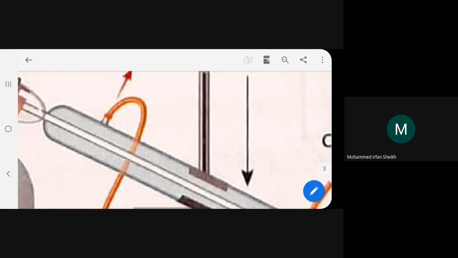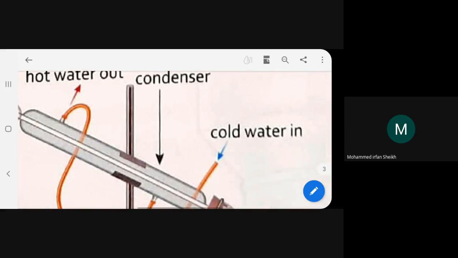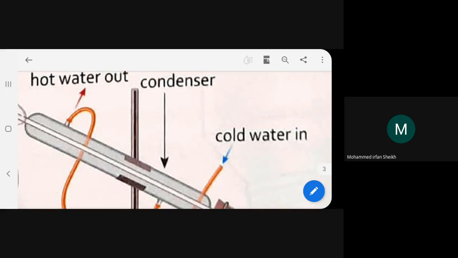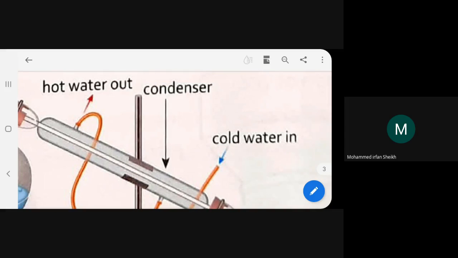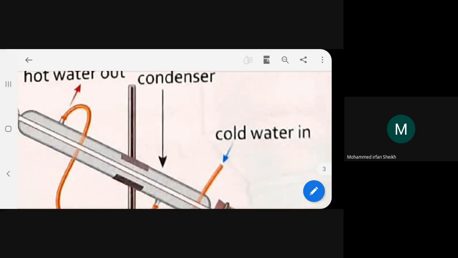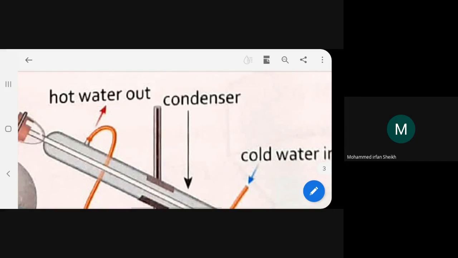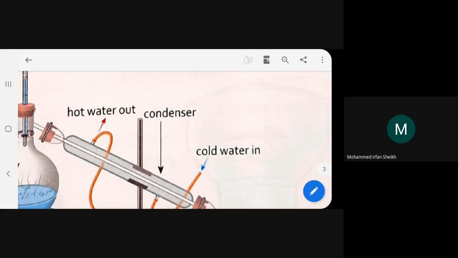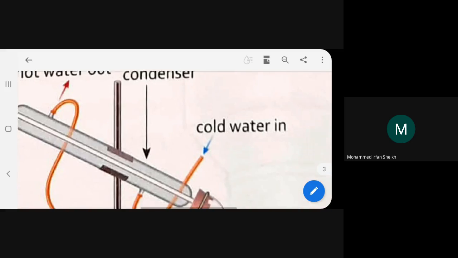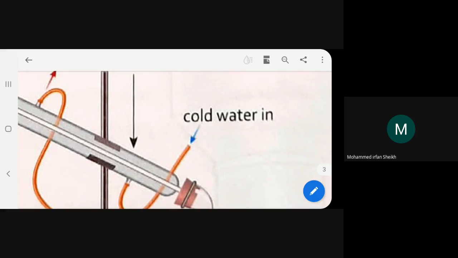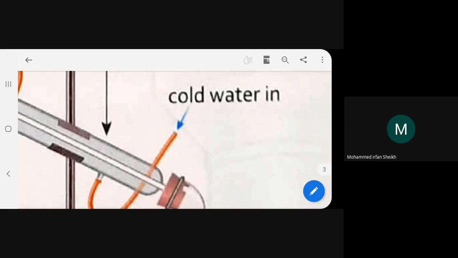As and when it comes here in the condenser, what happens here is that it finds a cold temperature. Because the water became hot, it converted itself into water vapor, and when it comes in the condenser, it comes in contact with the cold temperature. See, in one part of this condenser cold water is there.